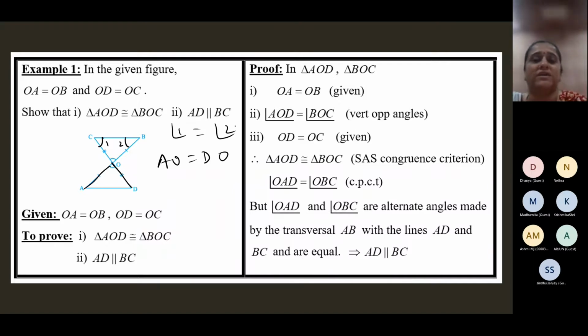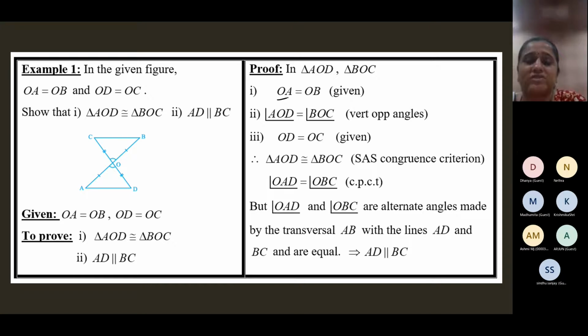Okay, I've written some equality. No, this is not valid, because both the angles are of the same triangle. That information can be true, but it will not help you. That is not a helpful information to show that the triangles are congruent.